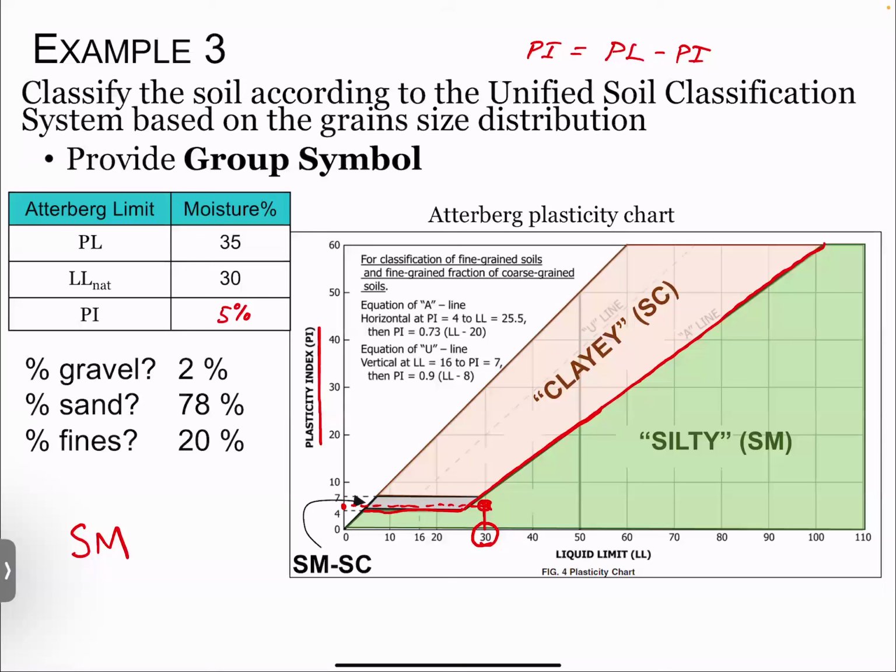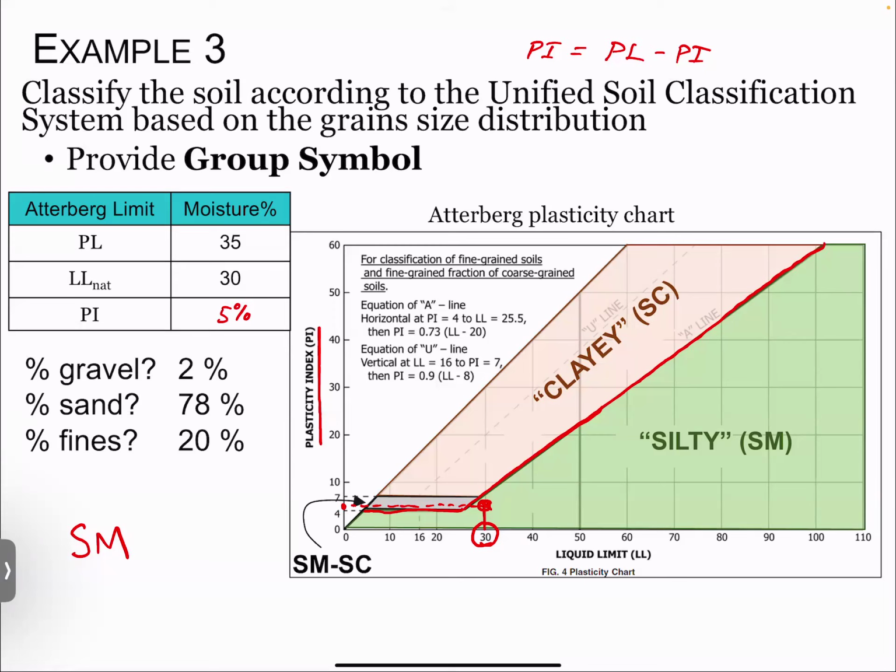Now, one of the things you can just guarantee will be on the FE, because it's always something that is so easy to mess up, is if you plotted the plastic limit instead of the plastic index here, you would see that that would be a completely different answer. That would be your clay soil, that'd be SC.